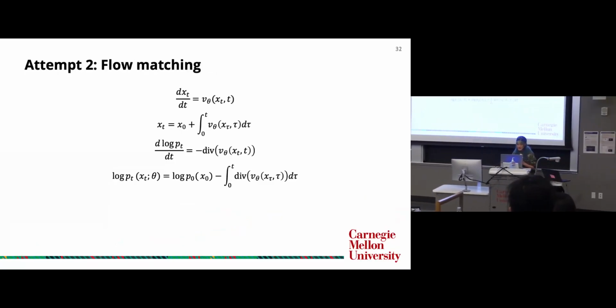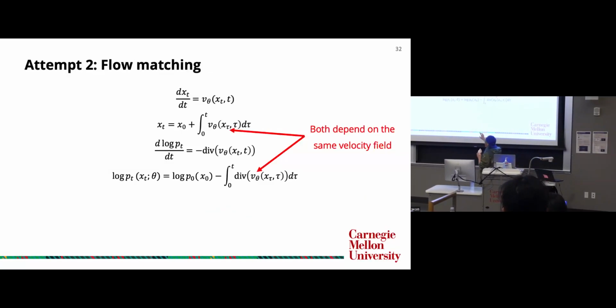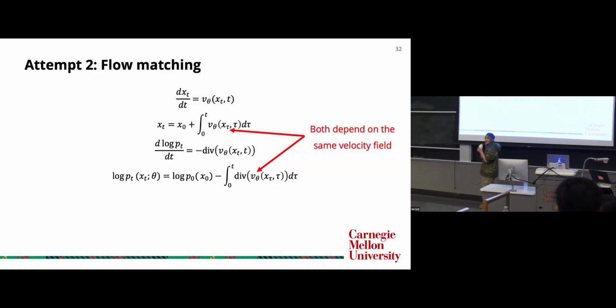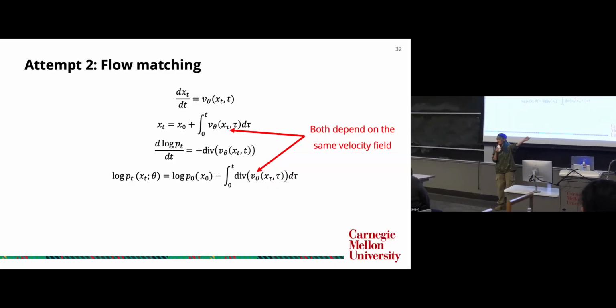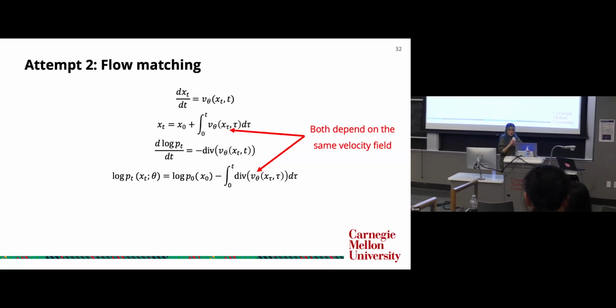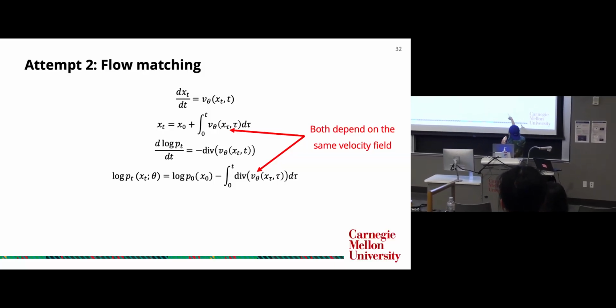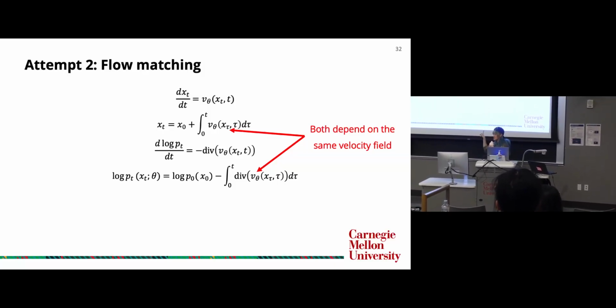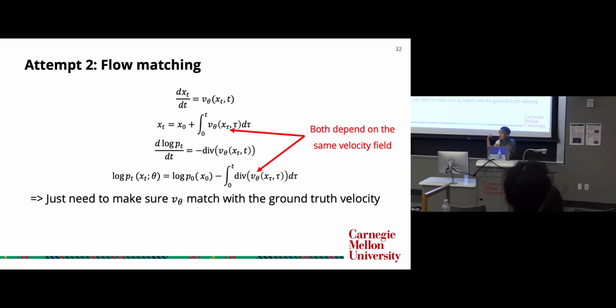Okay, if you think about it, in order to sample or calculate the log likelihood, you pretty much only need to parameterize the velocity, right? So if you have a model for the velocity, then you can do both sampling and calculate the log likelihood. So we just need to make sure that the velocity actually matches the ground truth velocity.